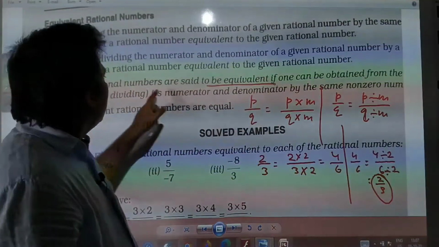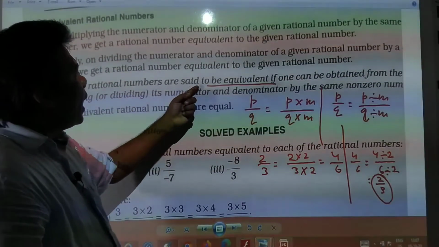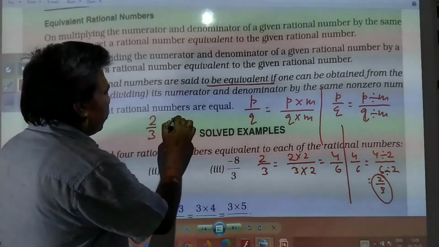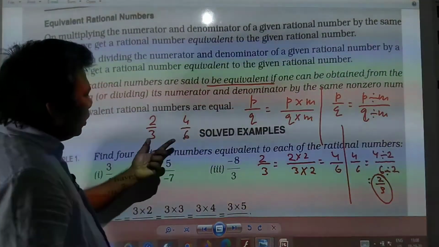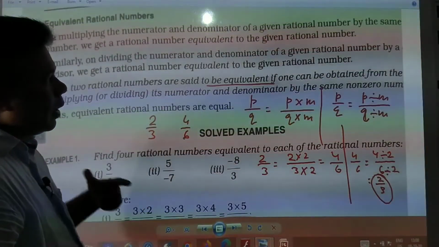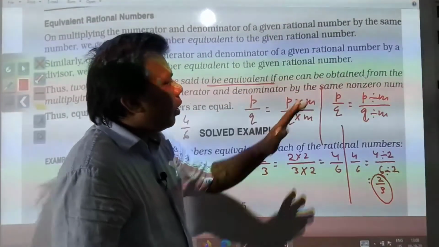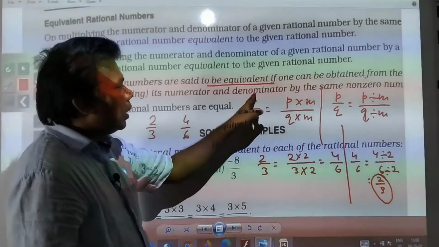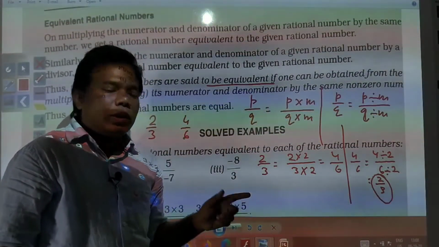Here, suppose you have 2 by 3 and 4 by 6. These two will be called equivalent if one can be obtained from the other by multiplying or dividing its numerator and denominator by the same non-zero number.